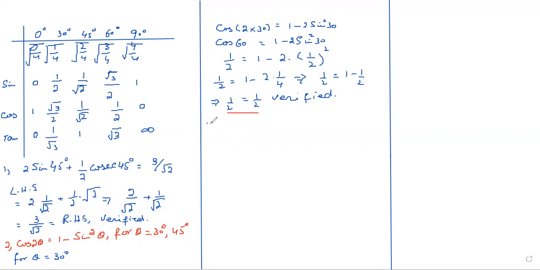Number 3, now comes to number 3 question. So we have to verify that sine square pi by 6, sine square pi by 4, sine square pi by 3 and sine square pi by 2 equals 1, 2, 3, and 4. This is a very important question, and this question was asked in a board exam as a long question as well.